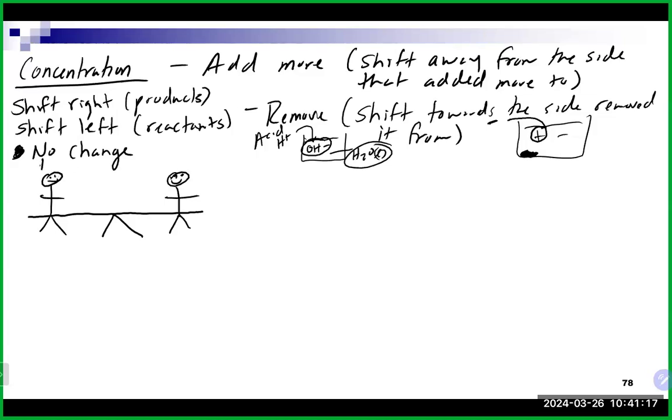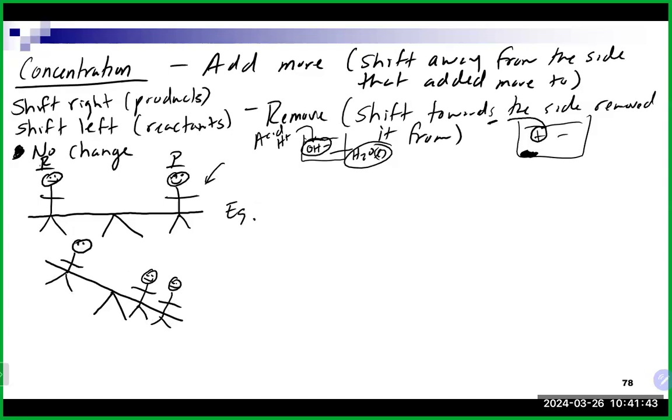So left-hand side here is our reactants. This is our products. Our system is at equilibrium. It's all happy. And now on the right-hand side here, somebody decides, hey, let's jump on that. And when we jump on that, what's going to happen in this case is something like this. So to fix this situation, we need more people on the left-hand side or right-hand side?